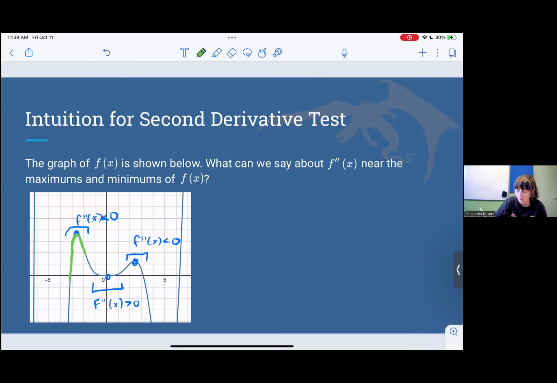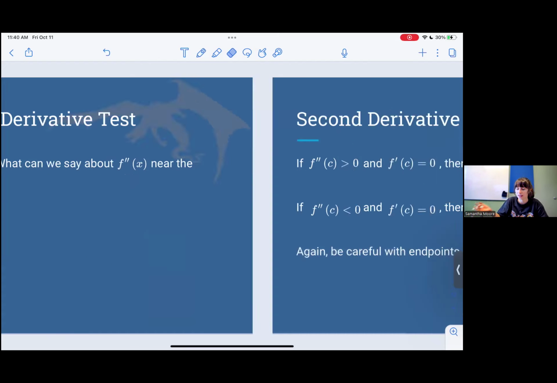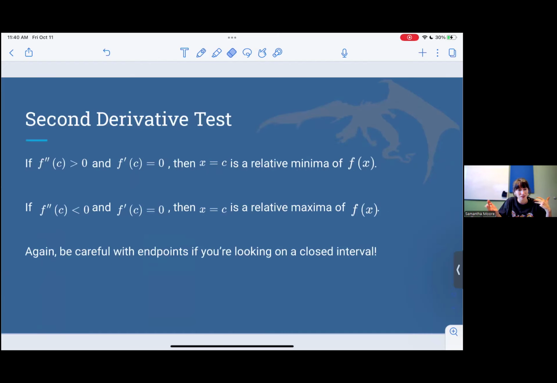And so at all of these points, f double prime is negative, but they're not all relative maximums. So we have to think about it a little further than just saying, if f double prime is negative, then we have a relative maximum. It's not quite that simple, but it's close. We just need to add in a little bit more information. And that's our intuition behind the second derivative test.